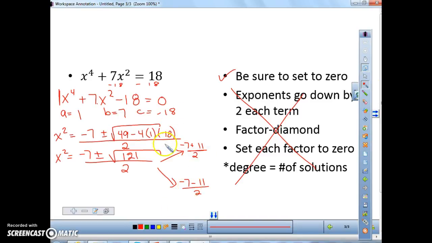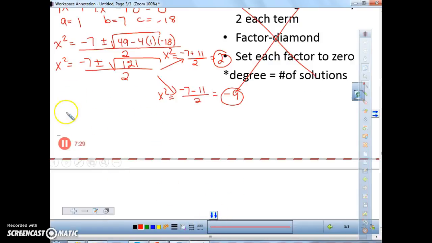But remember, this is what x squared equals. So this is 4 over 2, or 2. This is negative 18. So we actually have x squared equals 2, x squared equals negative 9.